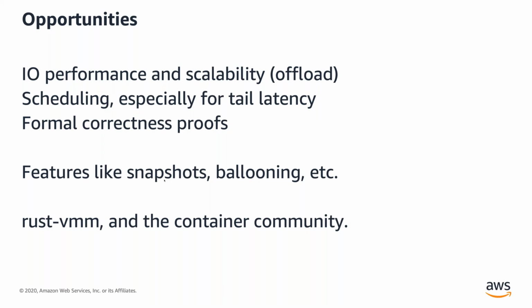And there's some really interesting work that can go into research into formal methods. There are a bunch of features that we would like to see implemented in Firecracker, some of which we're working on ourselves already, like snapshots and ballooning. But also lots of opportunities for building more features into this micro VM.